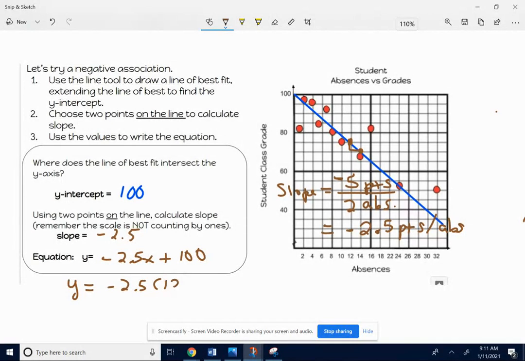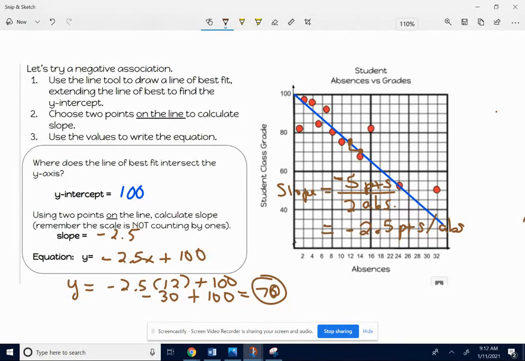Let's see how close it is. y equals negative 2.5 times 12 plus 100. I'm getting negative 30 when I multiply, add 100, and I get a class grade of 70. What did we say it was? From the actual picture of the line, we said about 75. That's okay. These are just approximations. They're not going to be always the same.